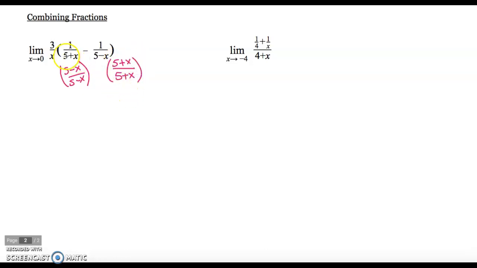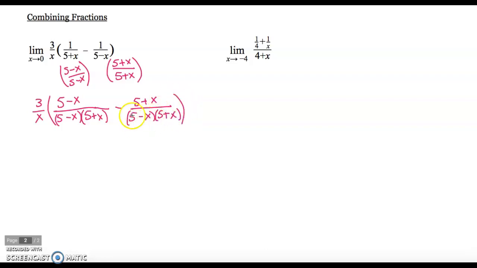All right, and so I'll still have my 3 over x out front, and then I will end up with 5 minus x over 5 minus x times 5 plus x. Okay, and then in the second expression now, I will have 5 plus x on top over 5 minus x, 5 plus x. And since these now have the same denominator, I can combine them into 1.